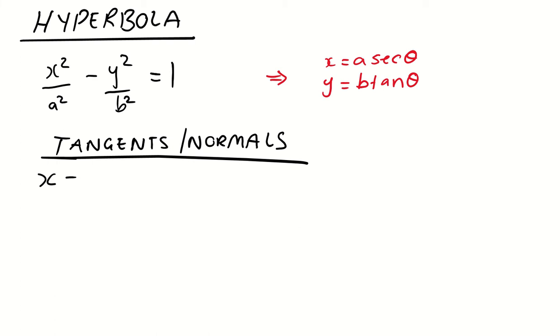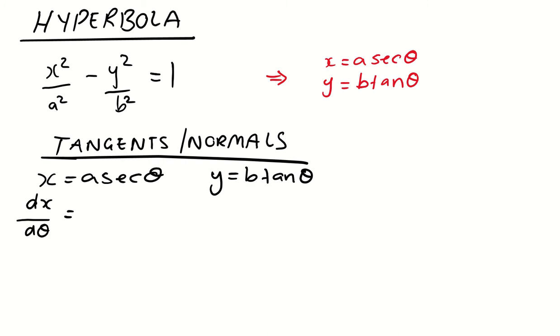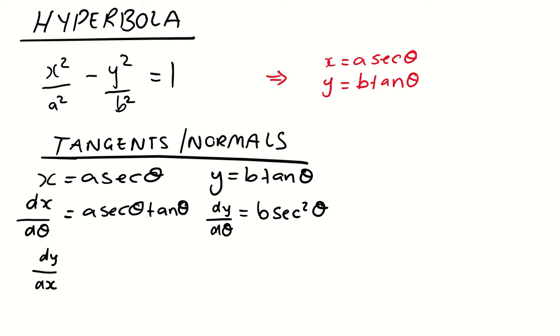Once again, start with your parametric. The derivative of x with respect to theta. Derivative of sec, that's on your reference sheet. Otherwise, it's not hard to remember. It's just this. Derivative of y with respect to theta. We know that that's just b sec squared theta. So once again, my dy dx is what I need for the gradient function.